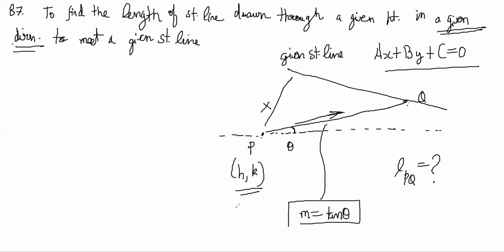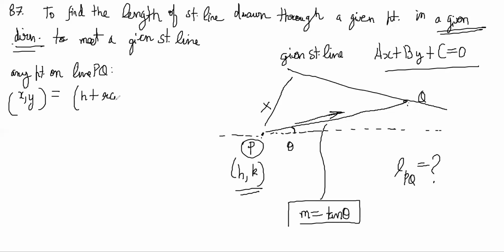So now by parametric form, I know a fixed point on this line, and I know theta of the line PQ. So any point on line PQ can be written as x comma y equal to h plus r cos theta, comma k plus r sin theta. This is what we learned in the previous article.